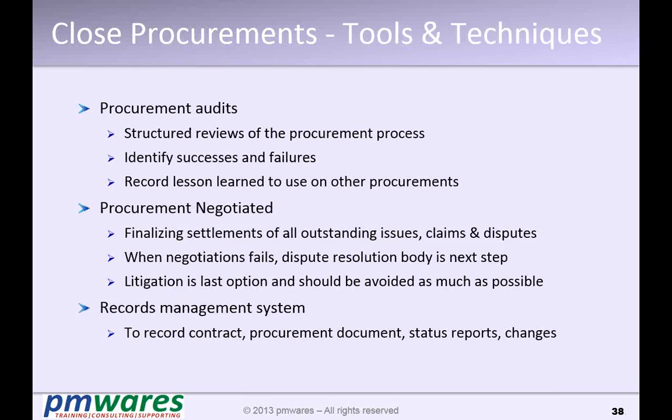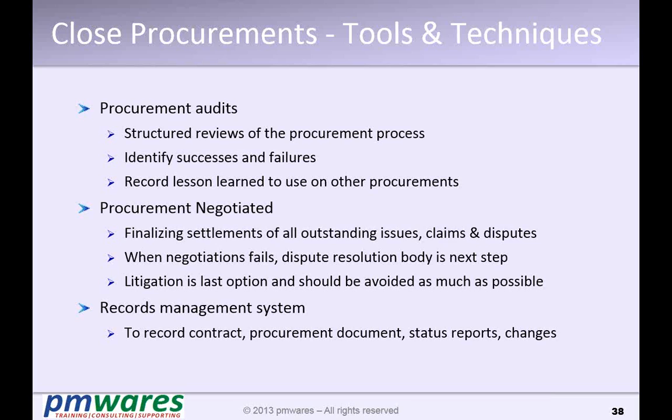So, procurement audit. Once all the procurement is done, you audit and ensure that whatever you asked for is done. If there are any settlements required, any claims or disputes, then negotiate and try to close it. If not possible, then go to an arbitrator and try to close it. If not possible, go to the court, but it should be the last resort.